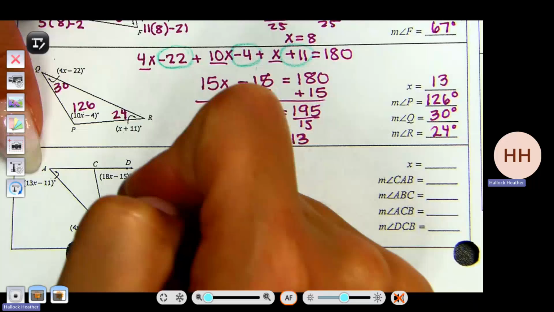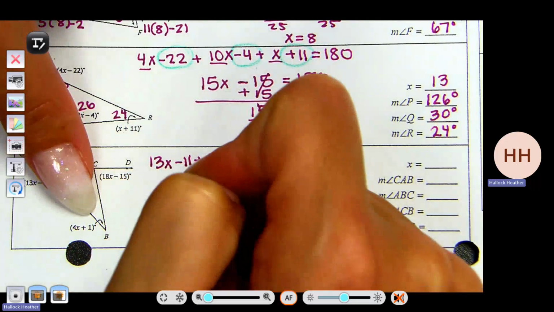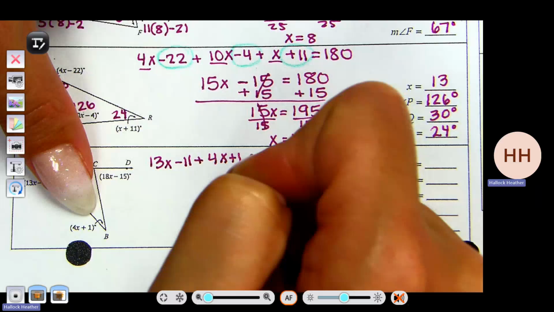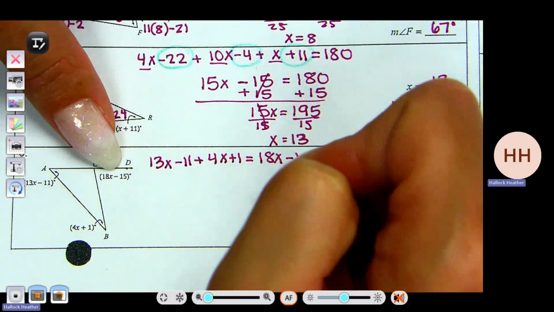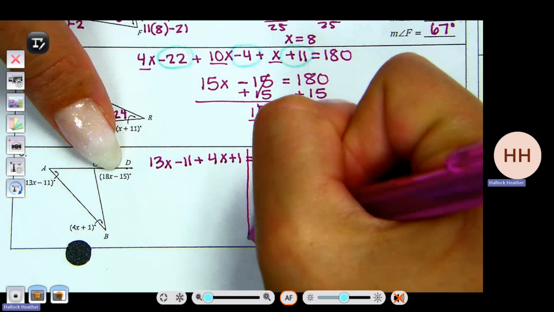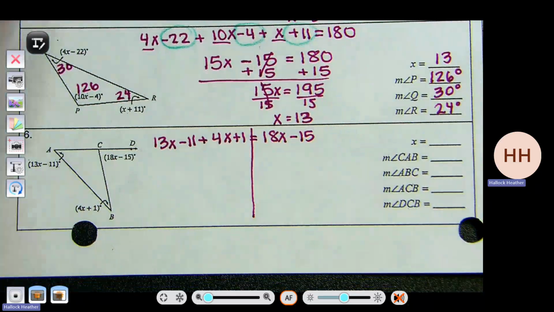So we're going to do 13x minus 11 plus 4x plus 1 equals the exterior, which is 18x minus 15. So this is not technically a 2-step equation. They're called multi-step equations, but we're still combining the left side.